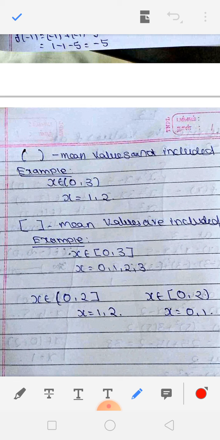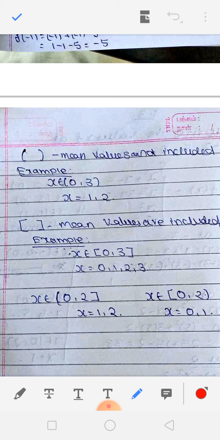For example, suppose x belongs to (0, 3). Both 0 and 3 are open brackets, so 0 and 3 must not be included. After 0 is 1, 2, and before 3 only we have to include. We won't take the 3 value.